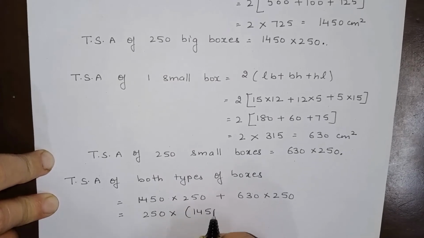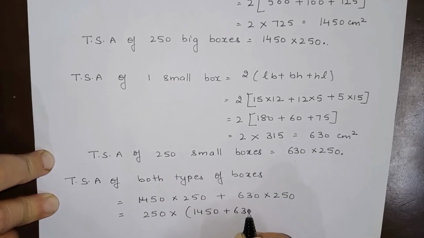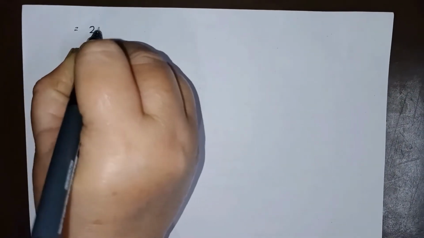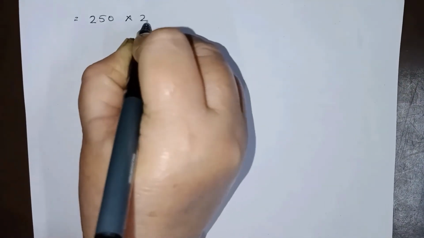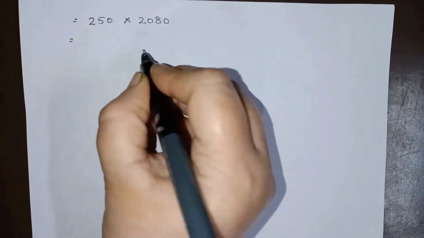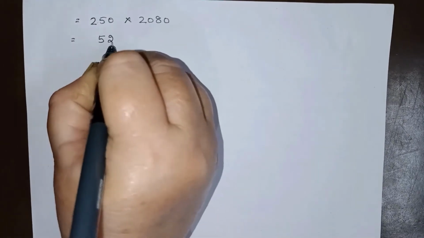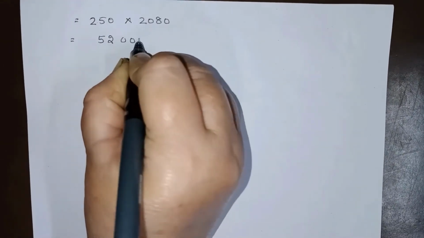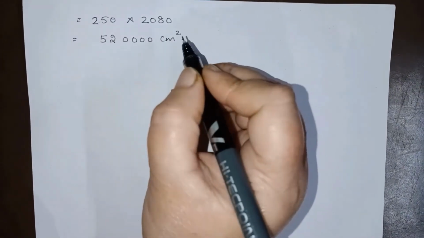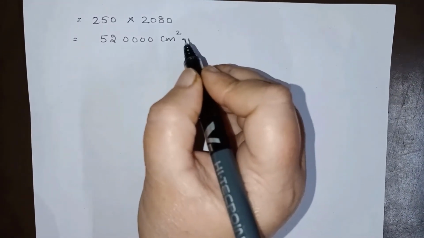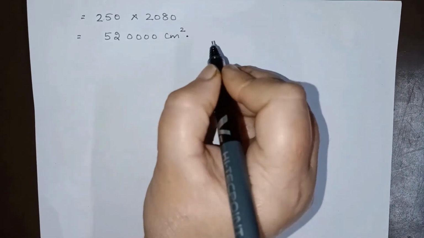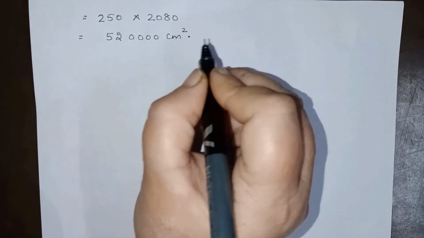So 250 multiplied by 1450 plus 630, that is 2080. And when we multiply them, we will get 520,000 centimeter square. So see, this is the total surface area of both types of boxes, which are 250 big boxes and 250 smaller boxes.